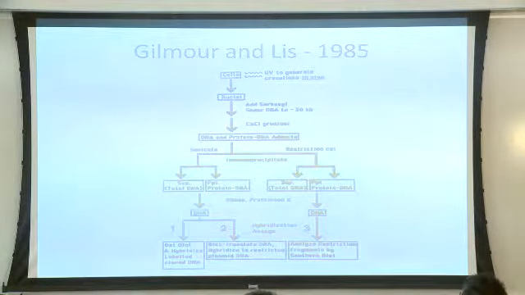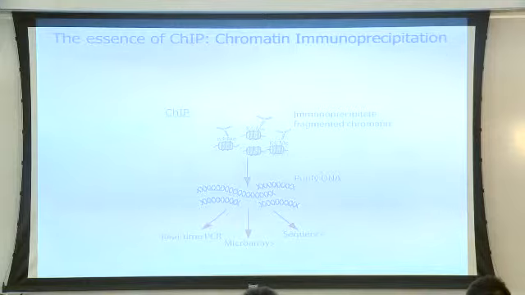Beginning with cross-linked cells, the recovery of nuclei, shearing of the DNA. We don't use a cesium chloride gradient anymore. And the immunoprecipitation step, and then the recovery of the DNA, RNase and proteinase treatment of the DNA, and then finally some kind of analytical method, which in 1985 was not next-gen sequencing, obviously. But to simplify it somewhat, this is a very simple schematic picture of what goes on in chromatin immunoprecipitation.